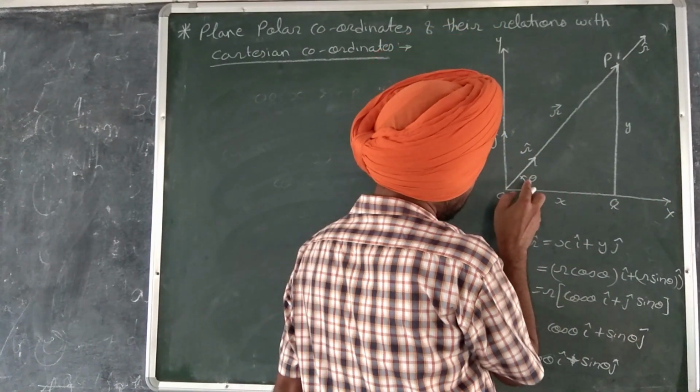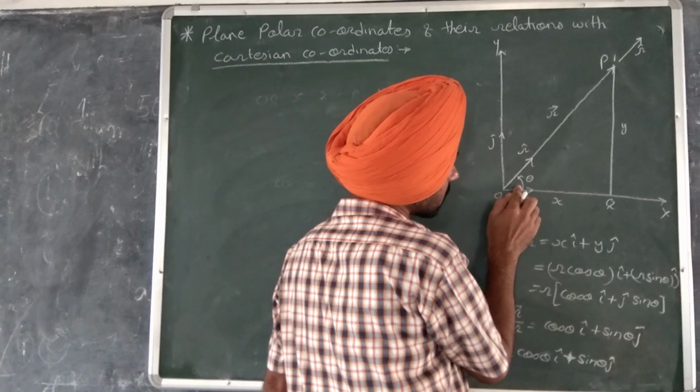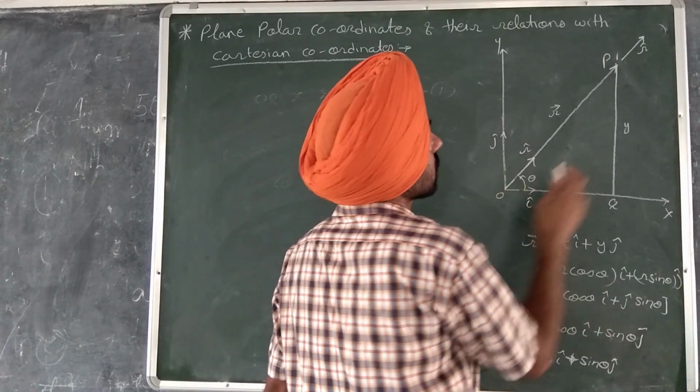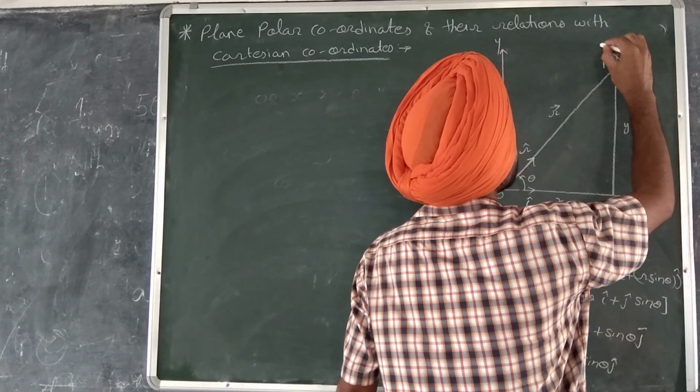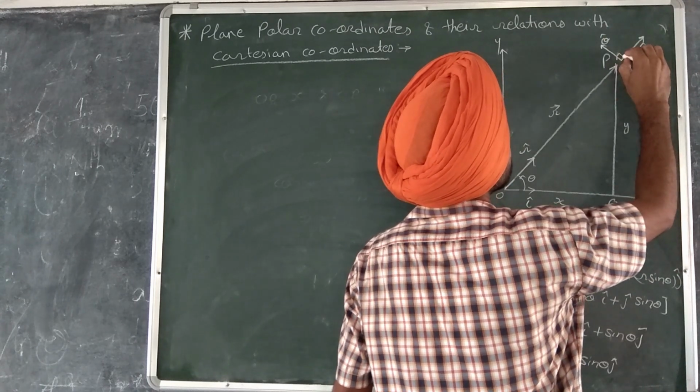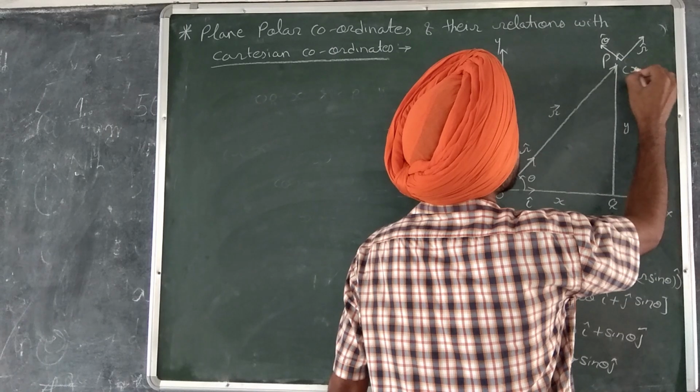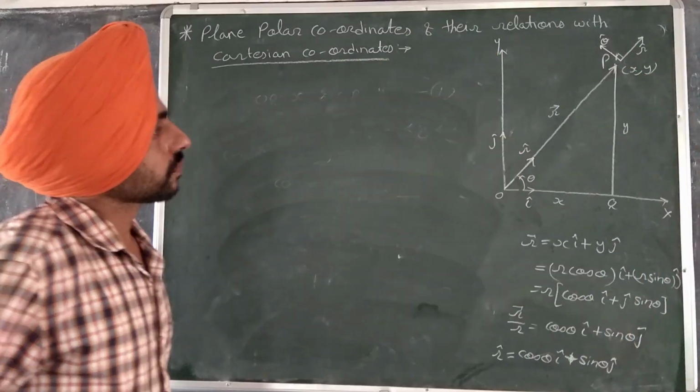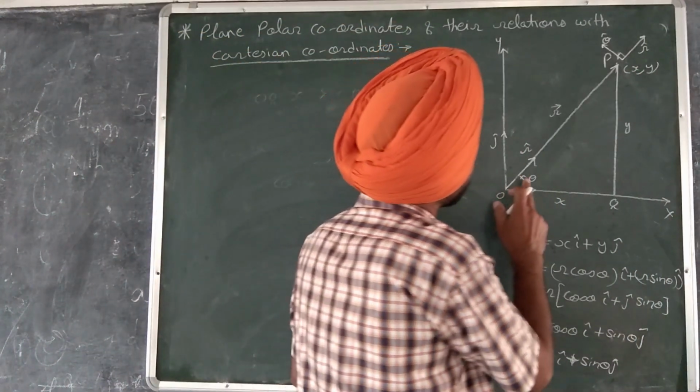Another unit vector theta cap is in the increasing direction of theta, so it is perpendicular to r cap. This is theta cap. The position vector of point P is x and y. We are looking for the unit vector theta cap.